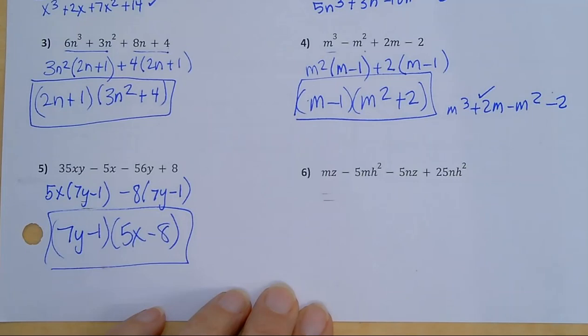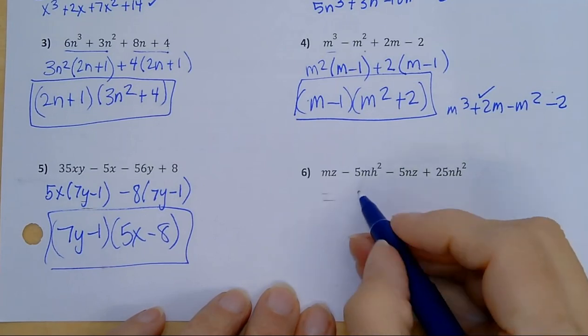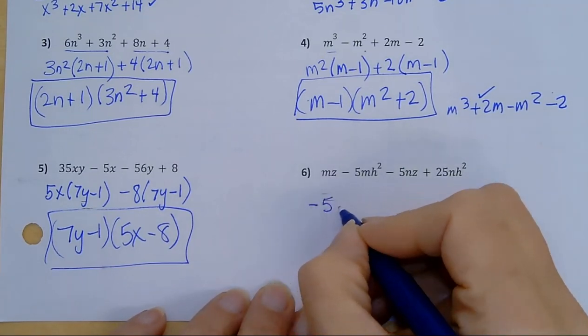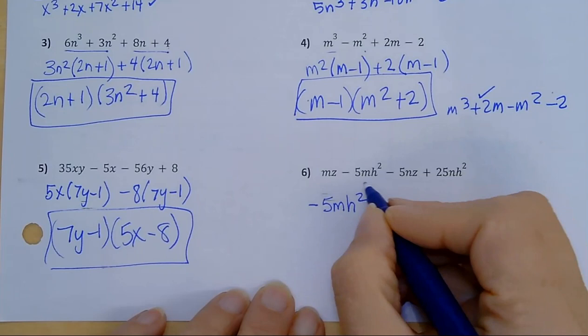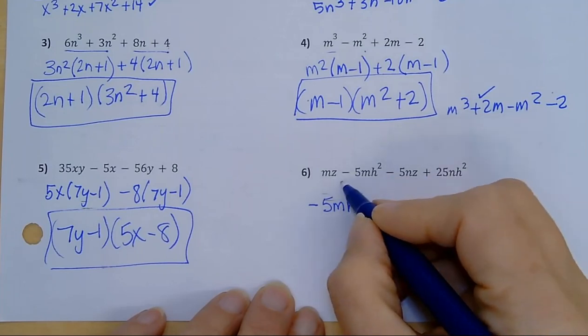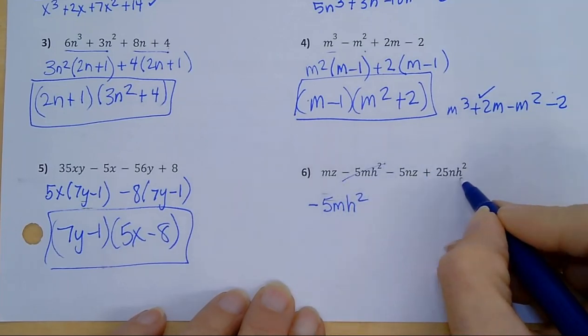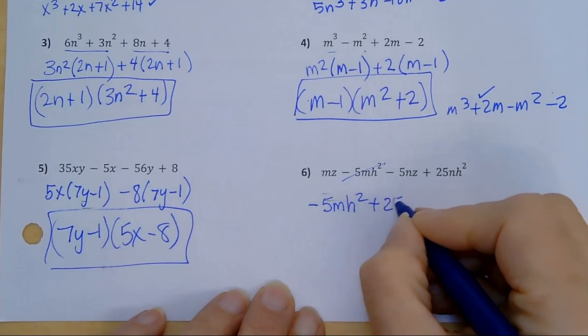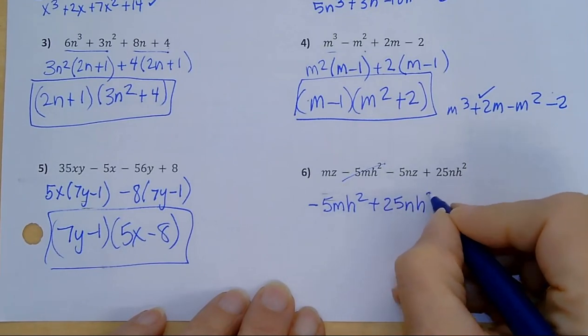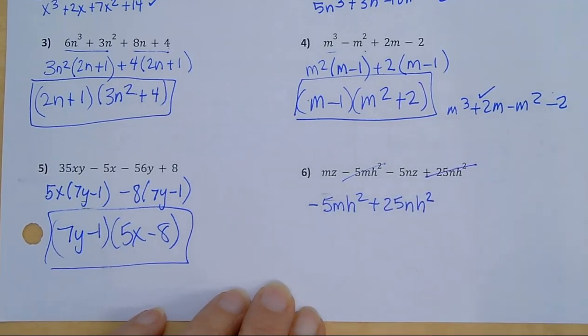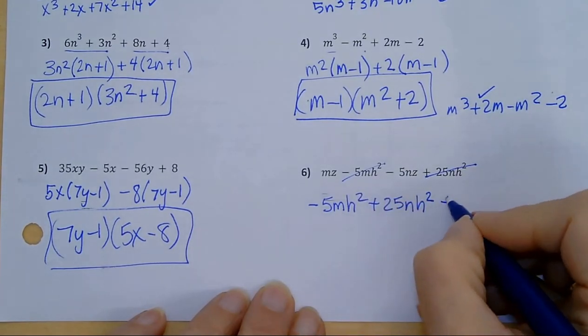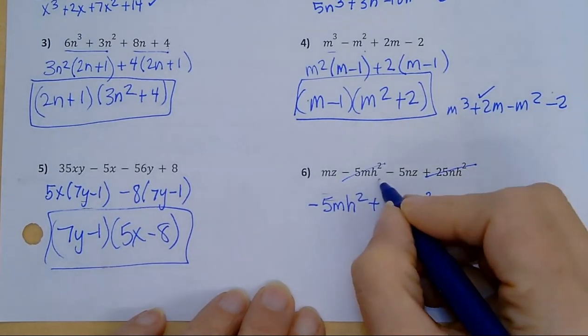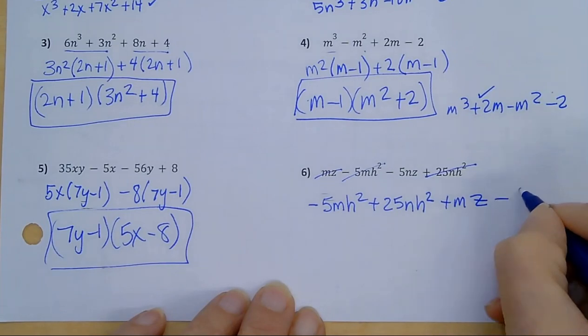H is my first letter in the alphabet, so I think I'm going to put this in a different order. I think I'm going to try it like this, but you guys are doing this with me the first time. Negative 5mh squared. Let's try plus 25nh squared. And then maybe plus mz. Done with that. Minus 5nz.